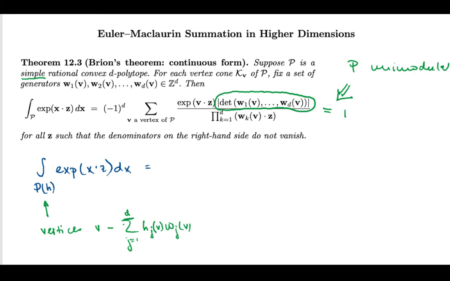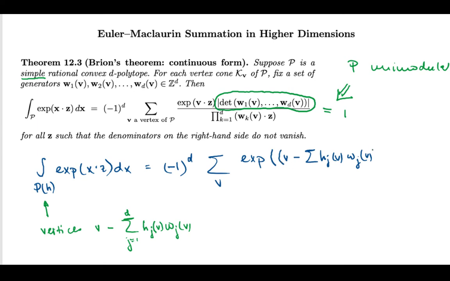Now you can convince yourself that if the perturbation vector is small enough, then our polytope remains simple, and so I can use the continuous Brion theorem. The generators are still the way they were before, so the only thing that changes is this first exponential. So instead of V now I have this perturbed vertex, and I can write down the perturbation effect like so.